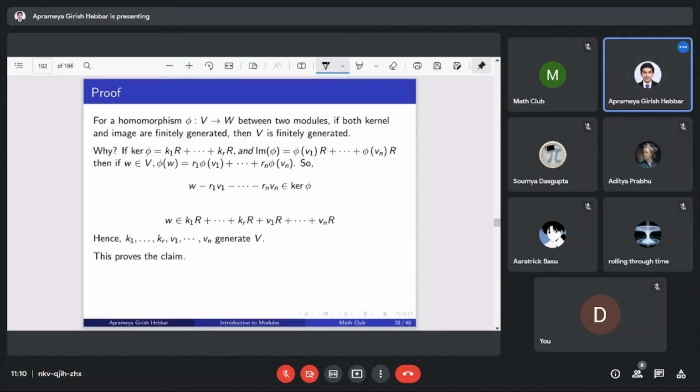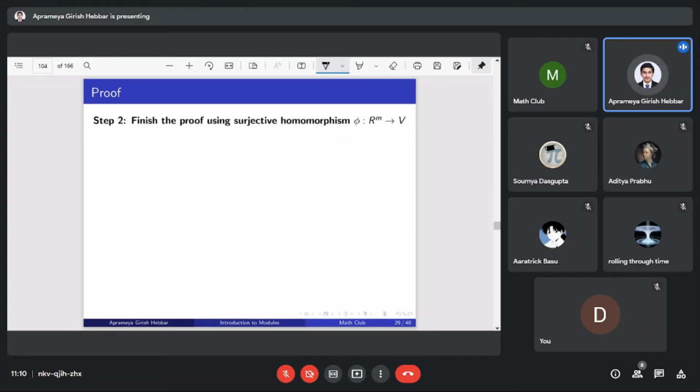So this lemma has proved step 1 of our proof. Now we finish the proof using a surjective homomorphism. Since V was finitely generated, there exists a surjective homomorphism from R^m to V. Let's call it phi.